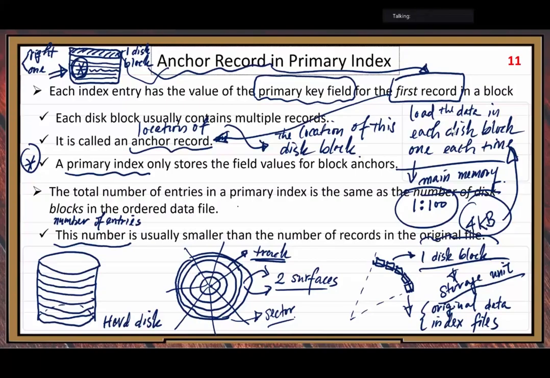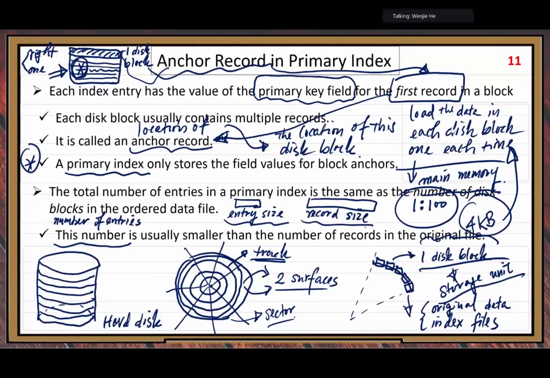The first improvement is entry size. Each entry has a size, and another is the record size. Each record has a size. We know the entry size is much smaller than the record size.